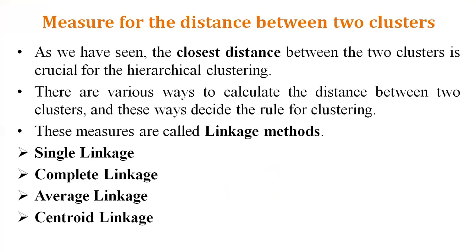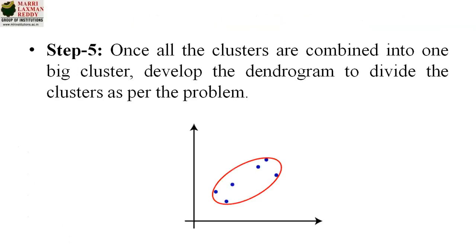For doing that, we need to follow some methods, like measuring the distance between 2 clusters. If you want to construct a dendrogram and merge those points into clusters, we need to use some methods. These are the commonly discussed techniques which we need to follow. So how did we group these points?